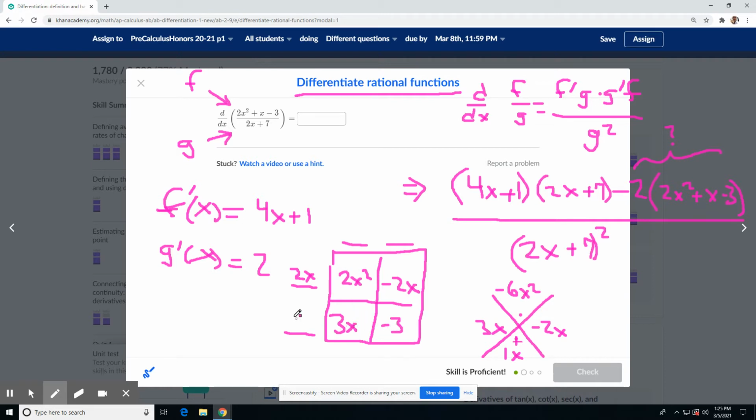Common term of 3. So 2x times what is 2x squared? And then just confirm x times 3 is 3x, check. 2x times what is negative 2x? Negative 1, and confirm, does negative 1 times 3 make negative 3? Yes, it does.